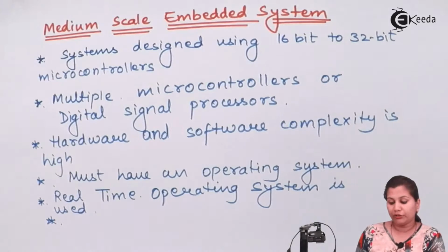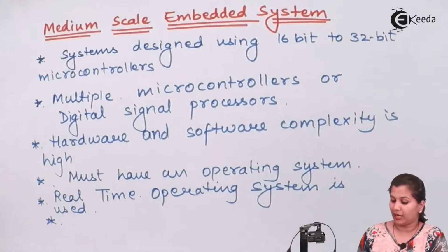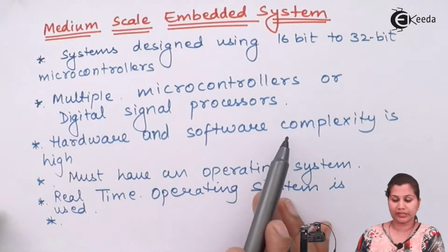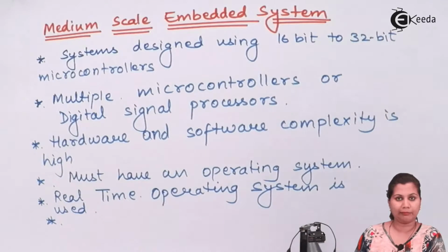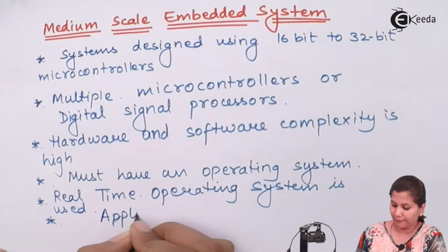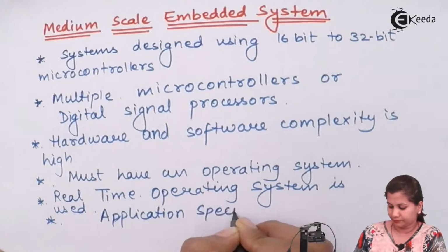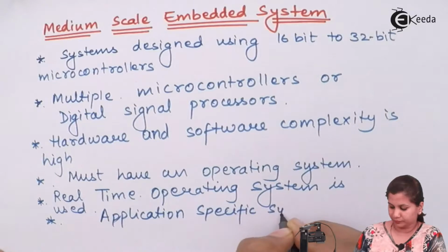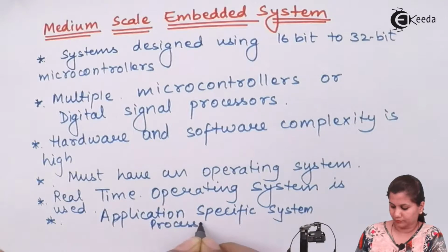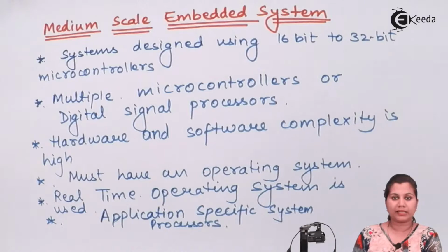When we are using these embedded systems for some particular application, then they can either use multiple microcontrollers or digital signal processors, or they can include a real-time operating system, or they can have, for that particular application, application specific system processors. So these are the medium scale embedded systems.